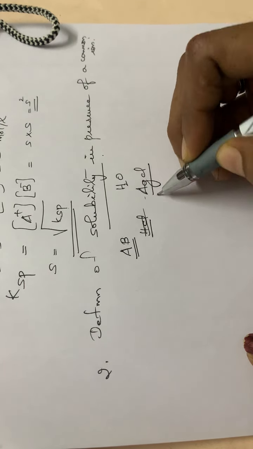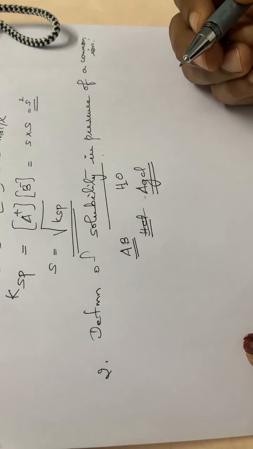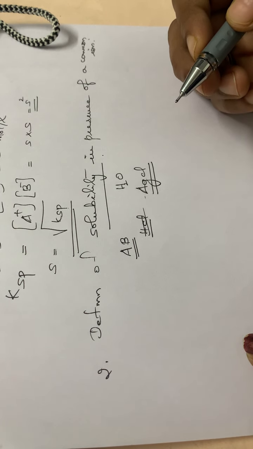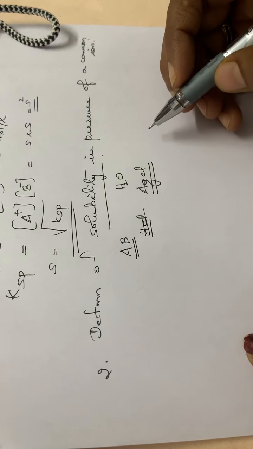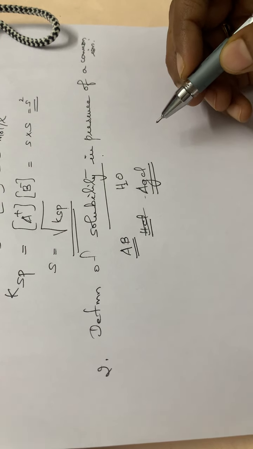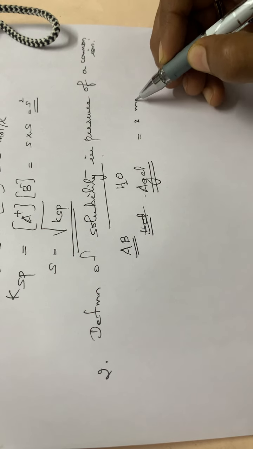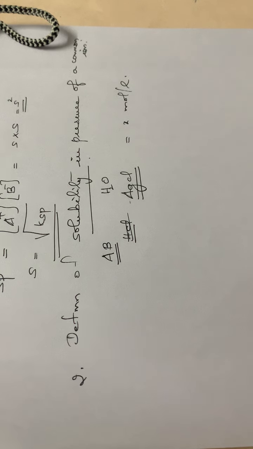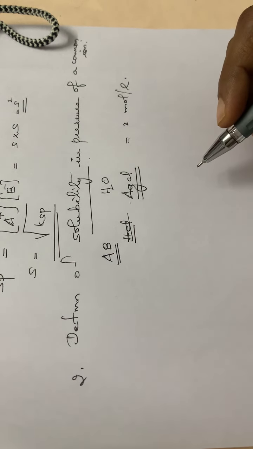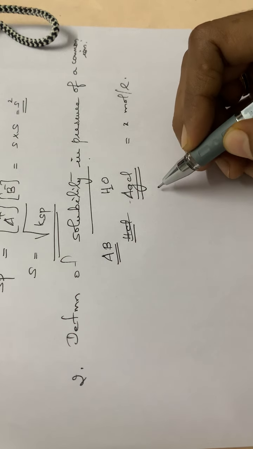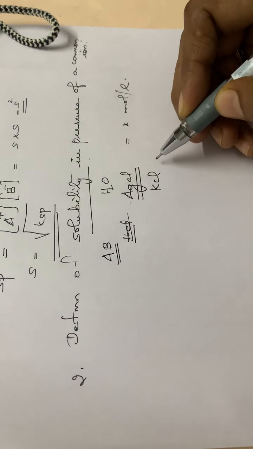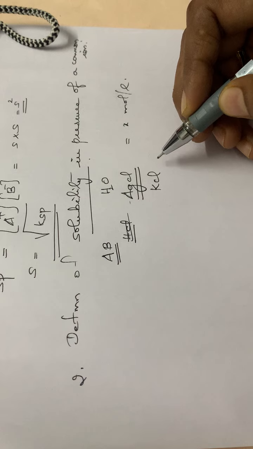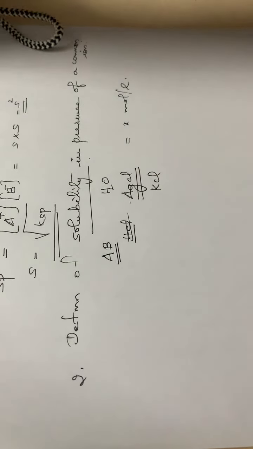Say, for example, AgCl. AgCl is a sparingly soluble salt, and let the solubility of this sparingly soluble salt be X moles per liter. Suppose we are adding another solution to this AgCl, for example KCl.